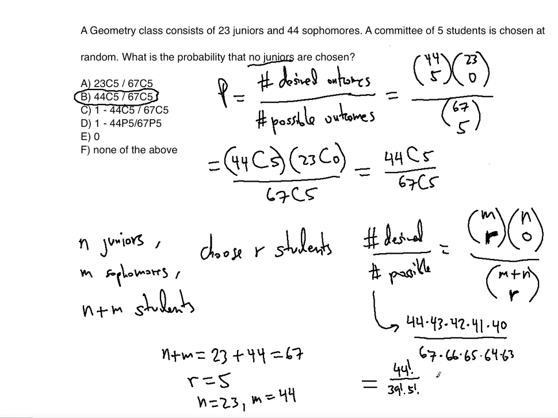So what does this mean basically? This is the number of favorable outcomes, the desired outcomes. When you choose your 5 sophomores, you want to make sure that these 5 sophomores are not ordered. So you don't care about the ordering, so you don't need permutation. You only need the combination. That's the reason why you divide by the 5.